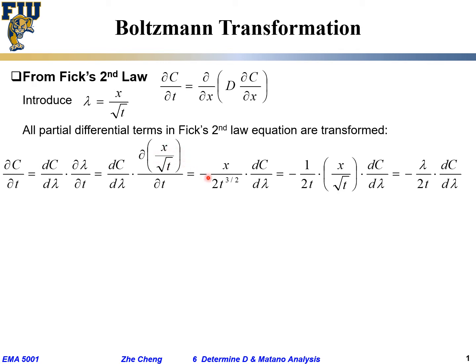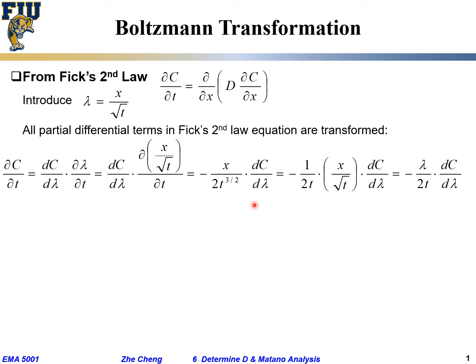So we put x in the front, and then it's just a partial differential of 1 over t to the power of 0.5, and that will give us minus half t to the power of minus 3 over 2, right? This is what we write. And we still have this dc over d lambda term.